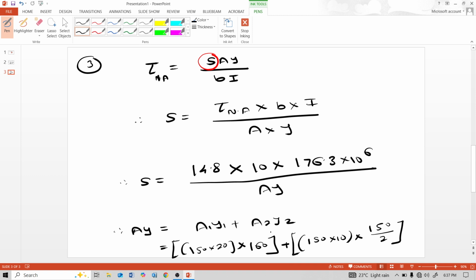So calculate this: 150 multiplied by 20 multiplied by 160 plus 150 multiplied by 10 multiplied by 150 divided by 2, which is 75, gives 5,92,500. This is AY.